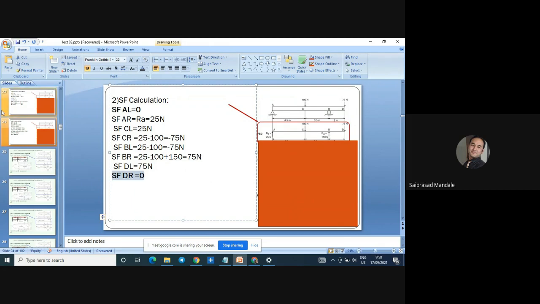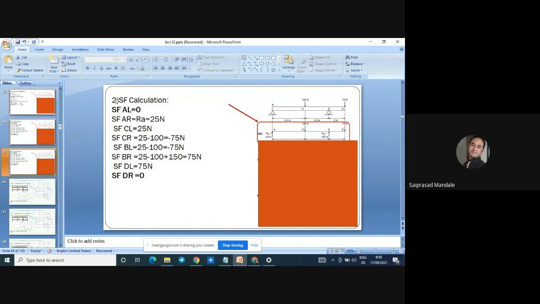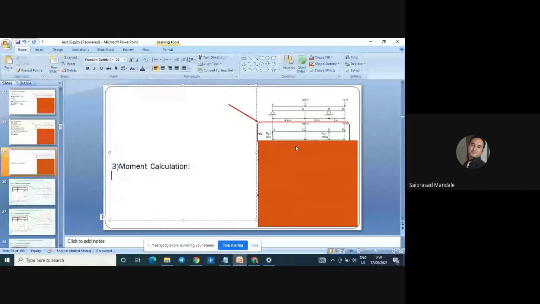Next, step number three is moment calculation. So Divya, can you tell me moment at A is equal to how much? Zero.